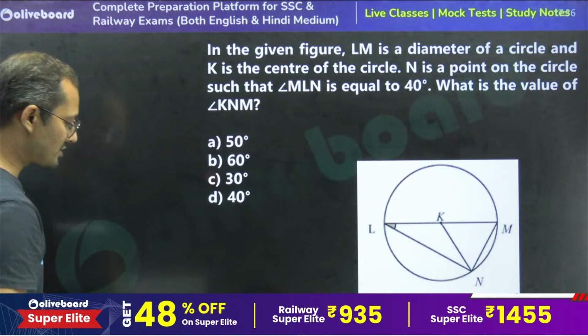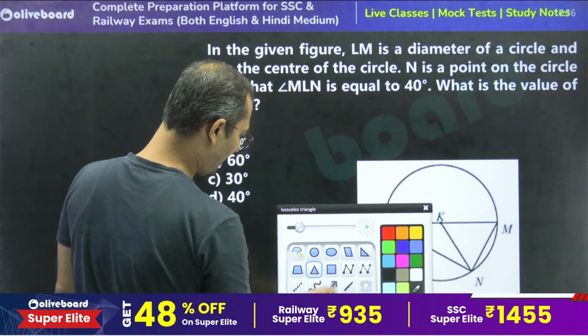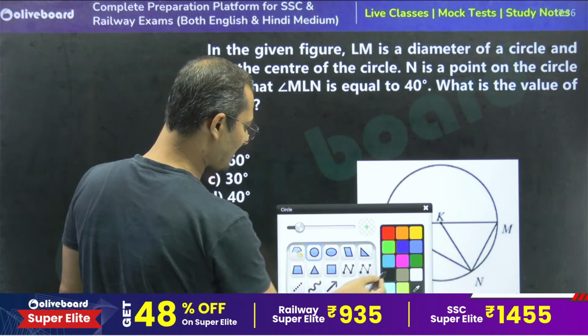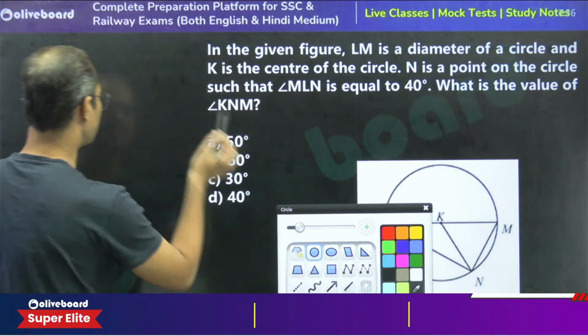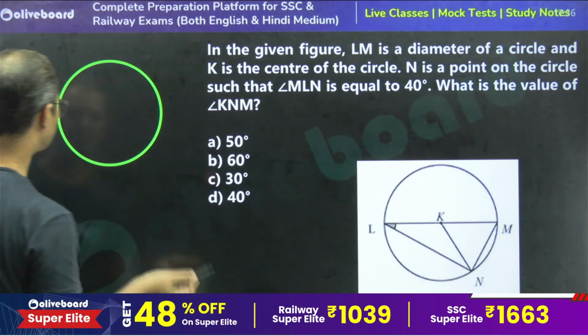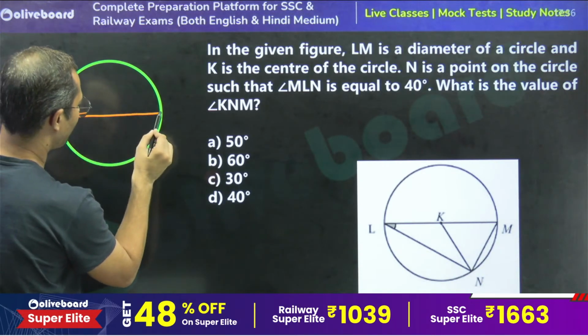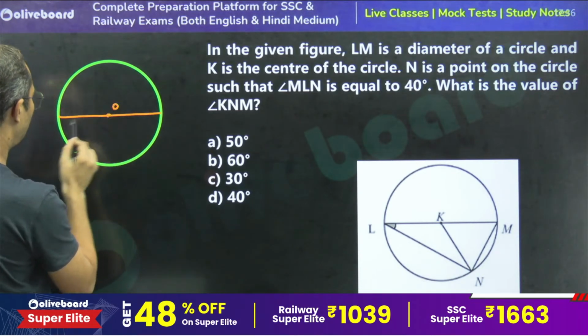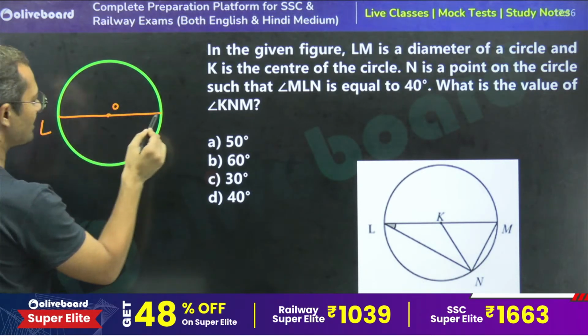Before solving this question, we must know 2 properties and their application. One is, we have the circle and this is the diameter. MN is the diameter, LM is the diameter.